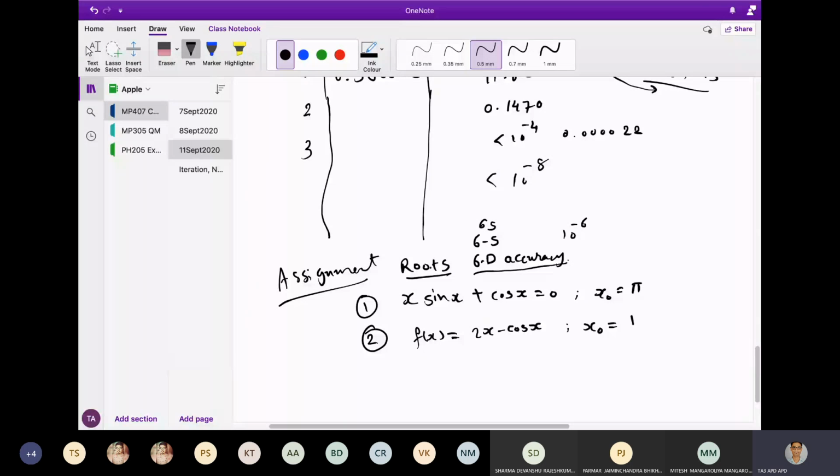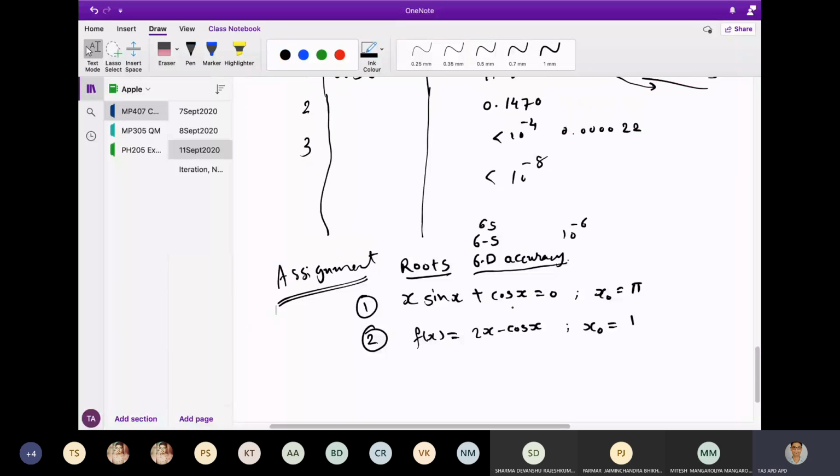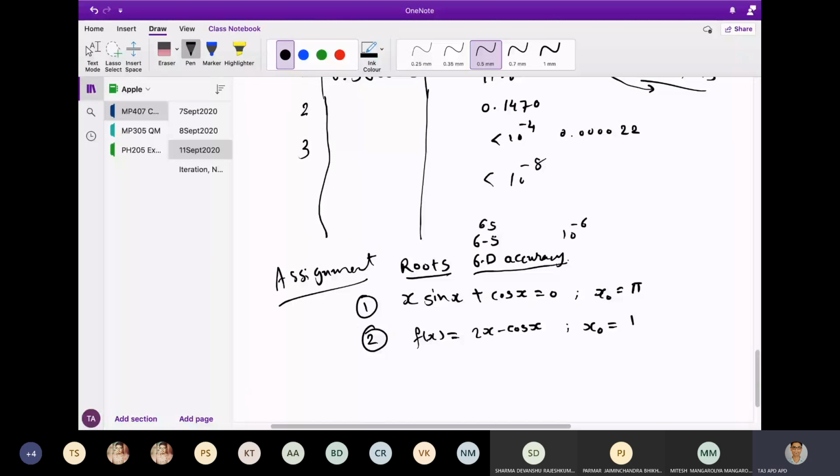It may take about 4 iterations or so, the way we have seen in the previous example. So we need to find the numerical answer for both equations up to 6 digits of accuracy. You should do this in the assignment, and we should move on.